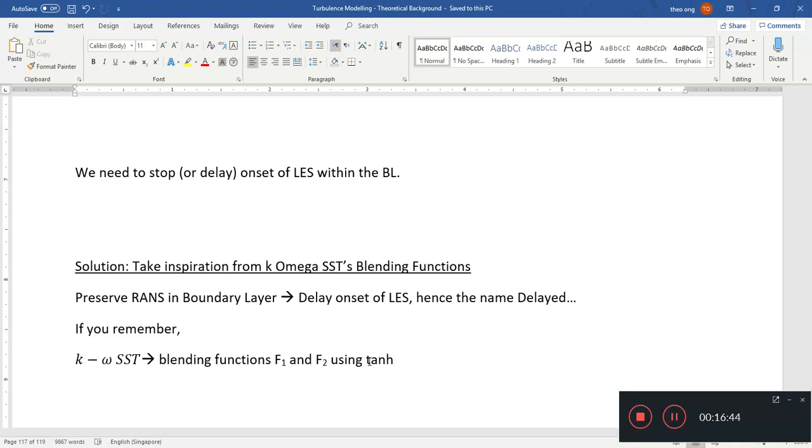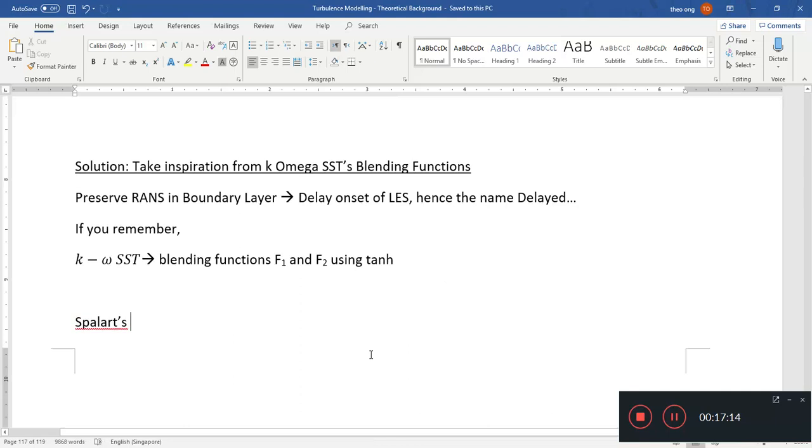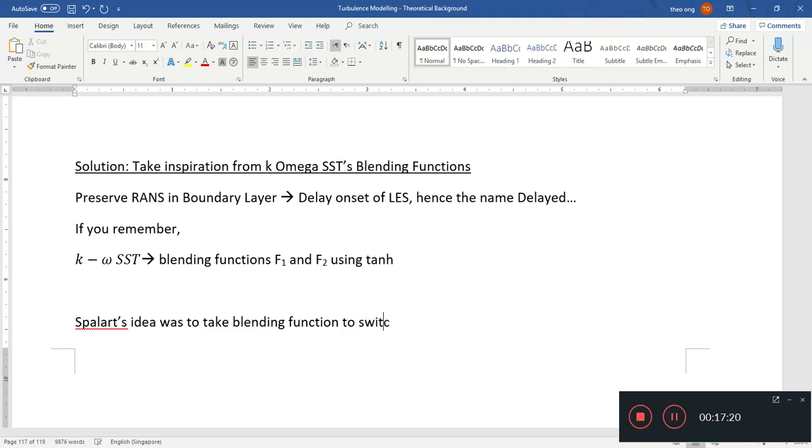So what is the blending function of this DES? Spalart's idea was to take inspiration from this F1 and F2 blending function and make his own blending function for this DES model, to switch from RANS in the boundary layer to LES in free shear.